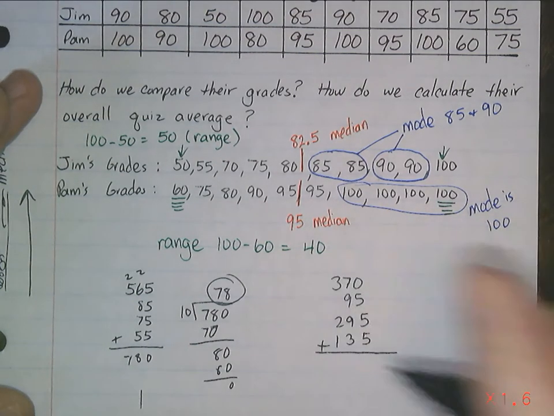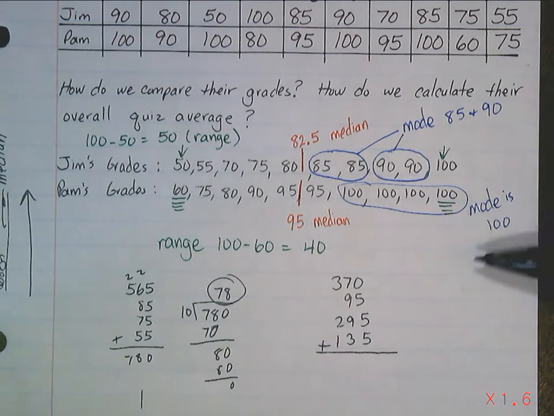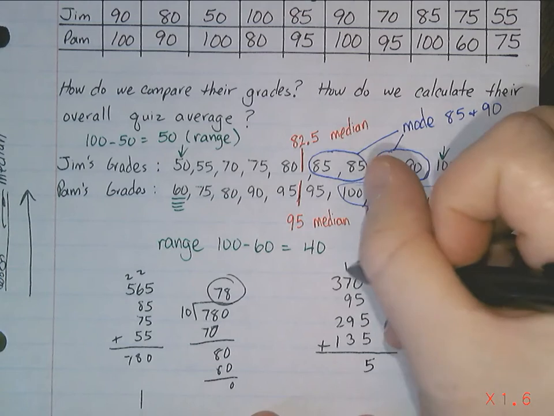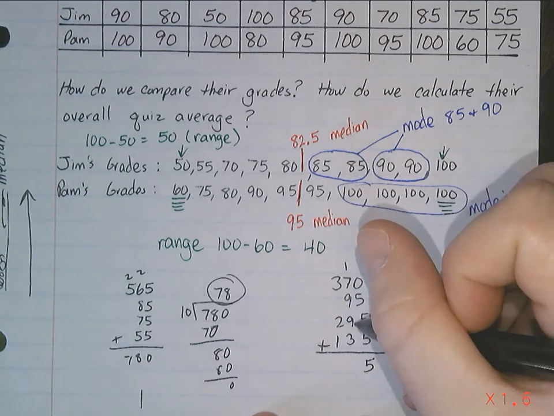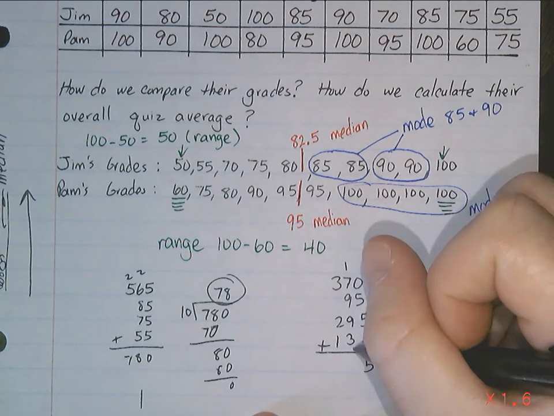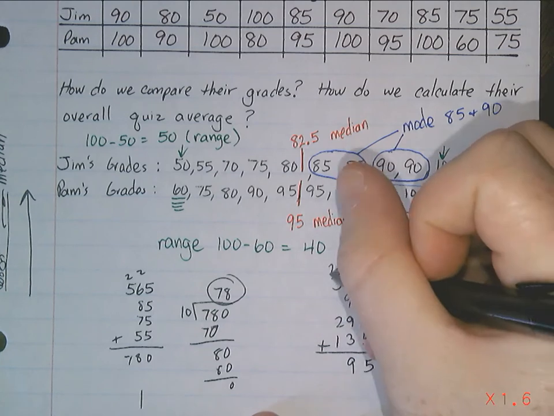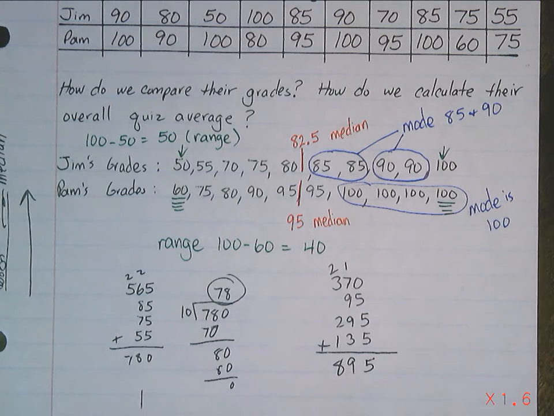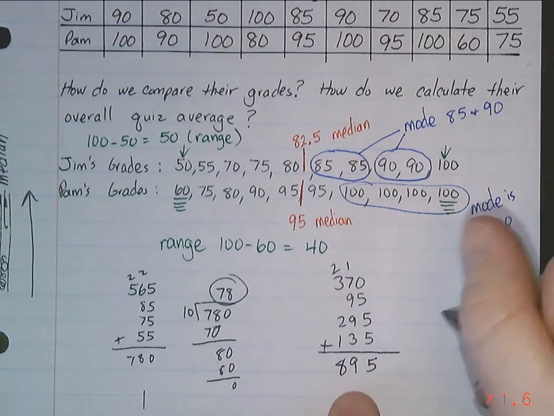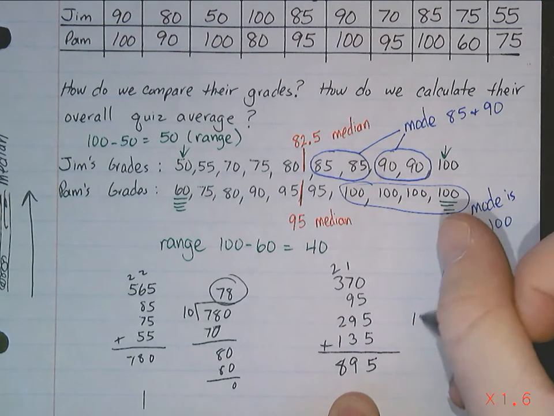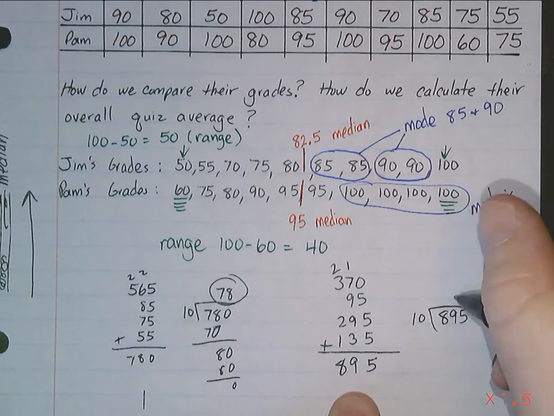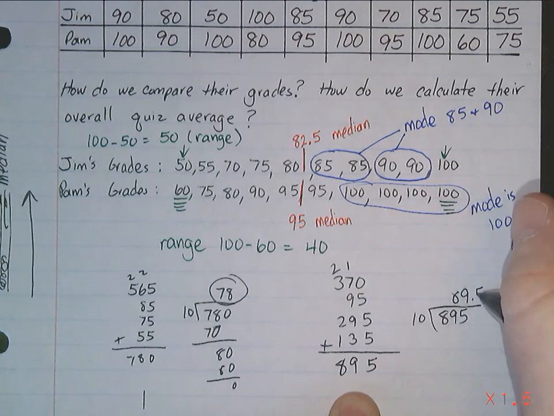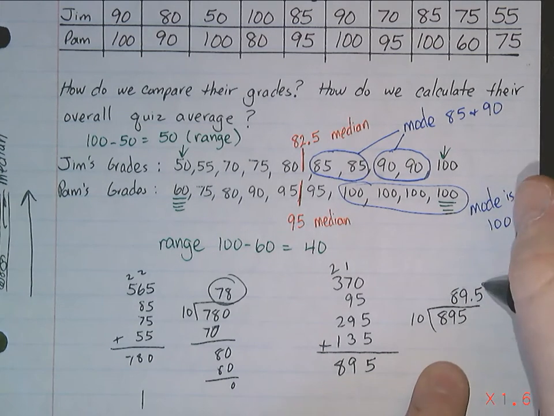All right, so that's going to add up for Pam's grades. So we add this all up. 16, 17. 17 plus 9 is 26, 29. 5, 6, 7, 8. So we divide 895 by 10 because we've got 10 grades. And we get 89.5.